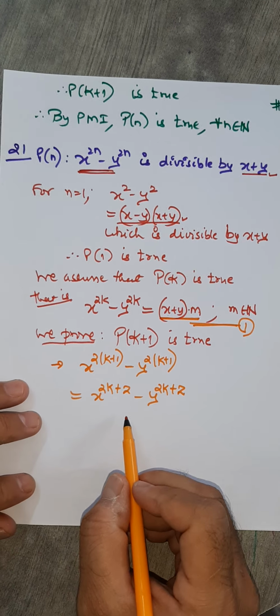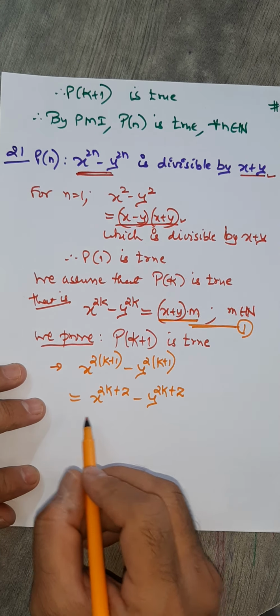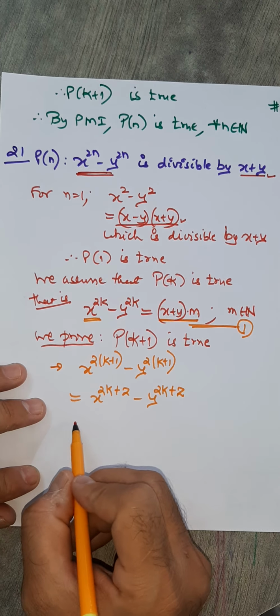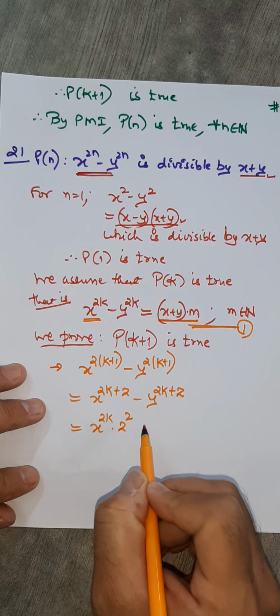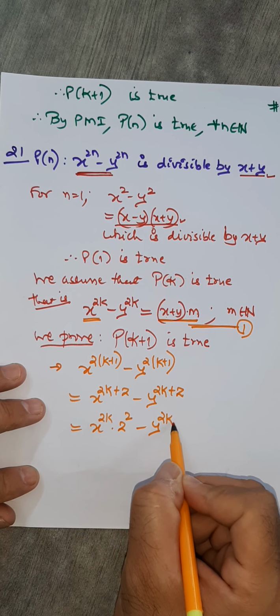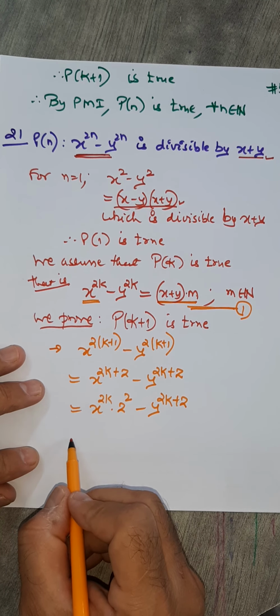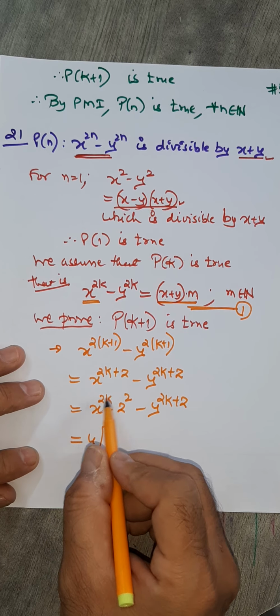Okay, now obviously there is no other option. You need to use this equation 1. So suppose I want to put the value of x raised to 2k. So I'll write like this: x raised to 2k into 2 square, and y raised to 2k plus 2 I'll keep as it is. You can put the value of y raised to 2k also, remember. What is x raised to 2k?